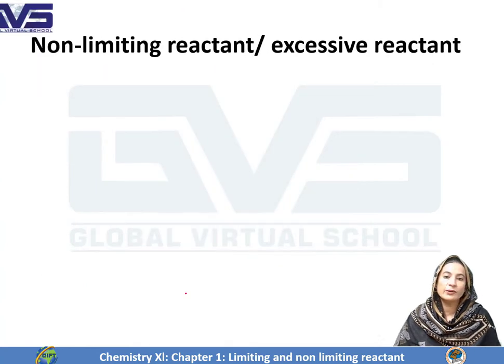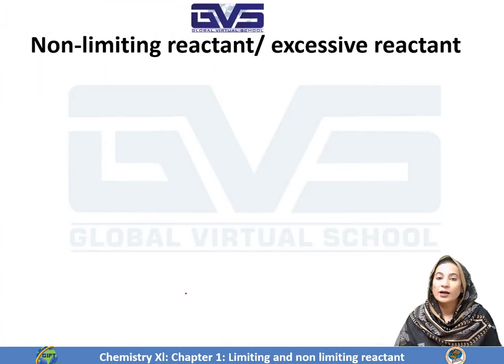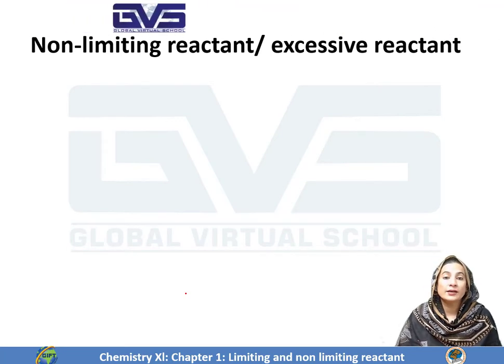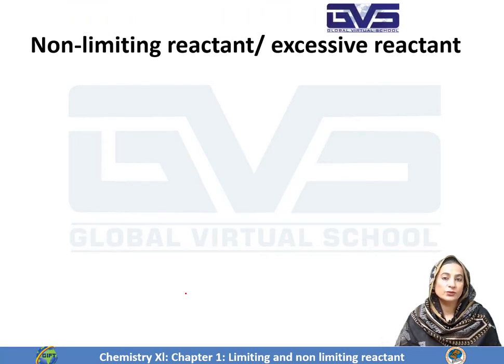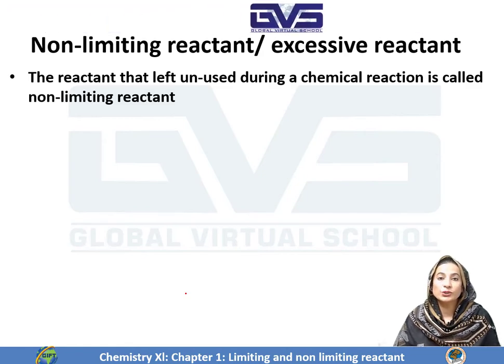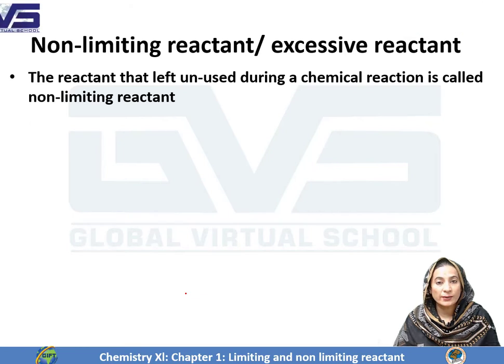The other reactant will be called the non-limiting reactant or excess reactant, because it is more than the other reactant. You can define it this way: the reactant that is left unused during a chemical reaction is called the non-limiting reactant.